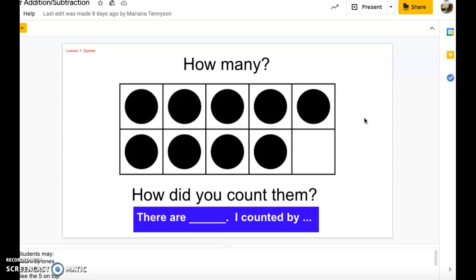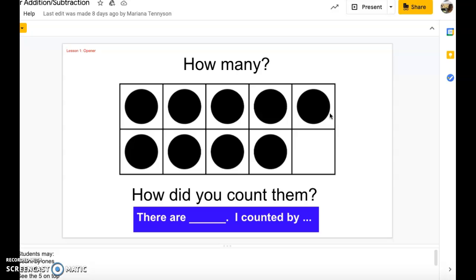Alrighty, welcome back, second graders. How many are there? There are 9. How did you count them? Did you count like this? 1, 2, 3, 4, 5, 6, 7, 8, 9. If you did, that's great. You could count by ones. Did you count like this? 2, 4, 6, 8, 9.